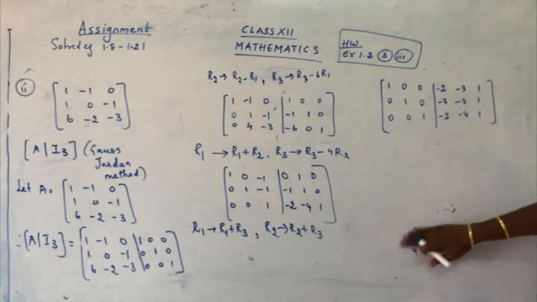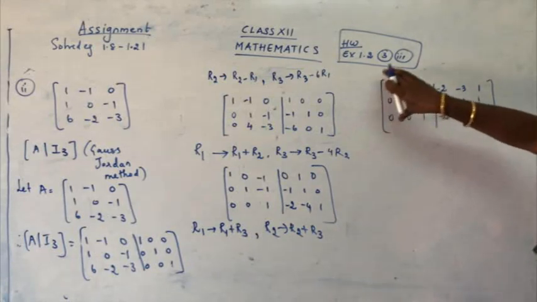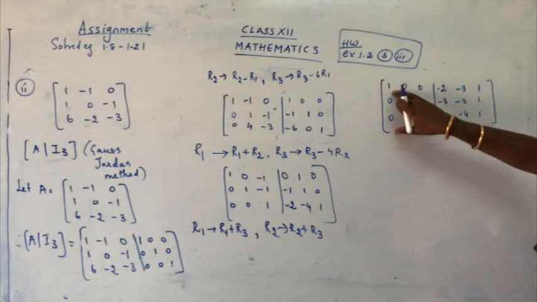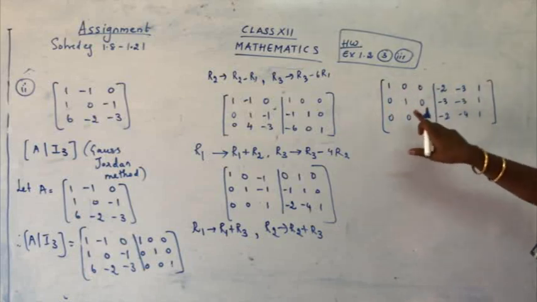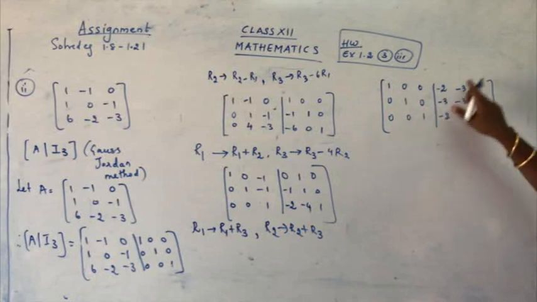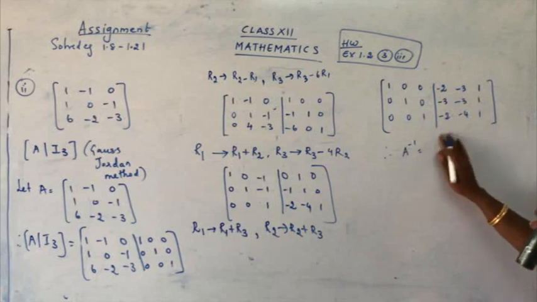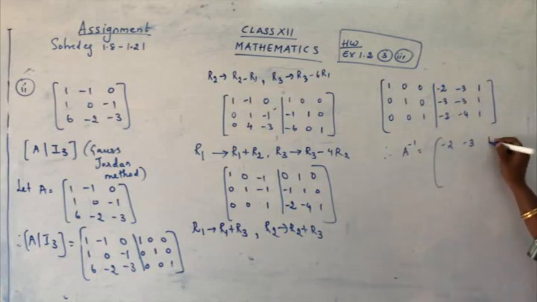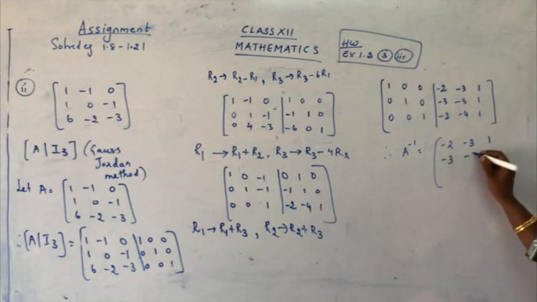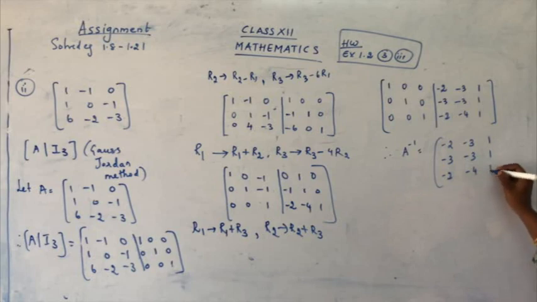Okay. So now just check your A part. So in that, A is being transformed to I. That is 1, 0, 0, 0, 1, 0, 0, 0, 1. So what's the inverse we are getting over here? Therefore, A inverse is equal to minus 2, minus 3, 1, minus 3, minus 3, 1, minus 2, minus 4, 1.